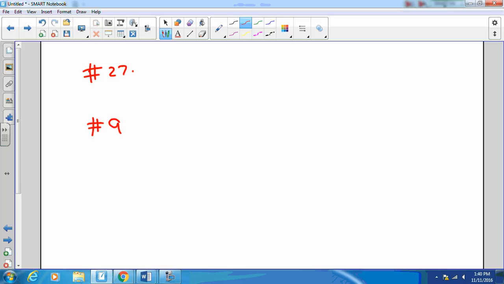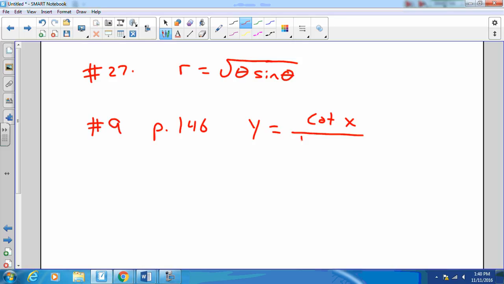And I also wanted to take a look at number 9 from the previous assignment on page 146. And here we had y equals cotangent x over 1 plus cotangent x, and they wanted y prime. So let's take a look at those two.